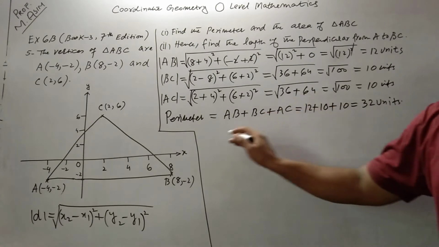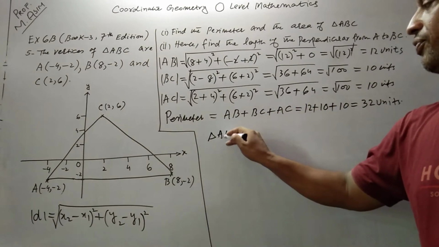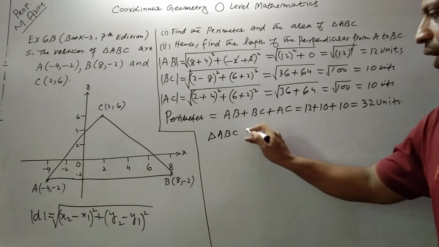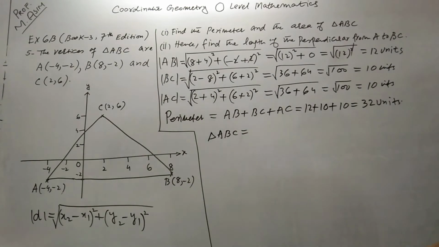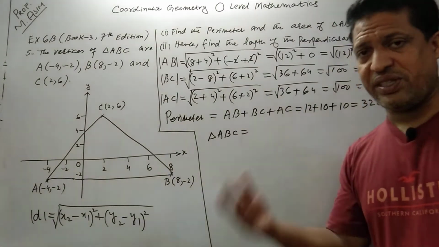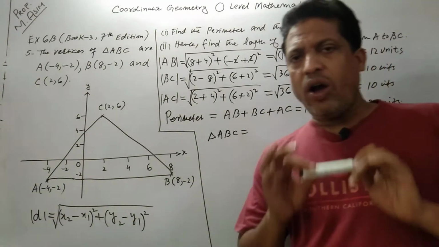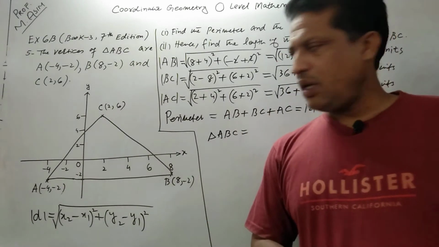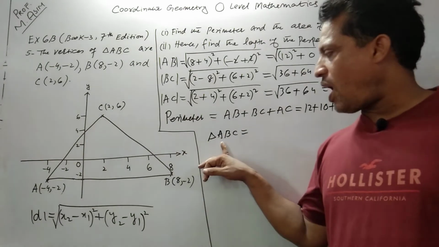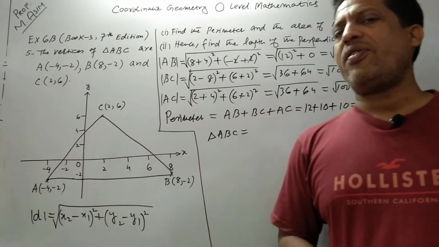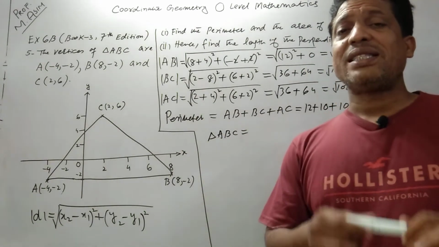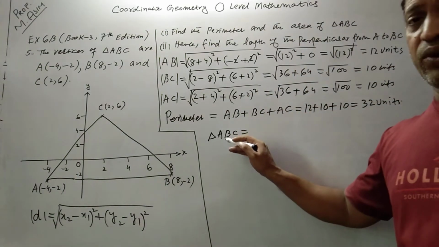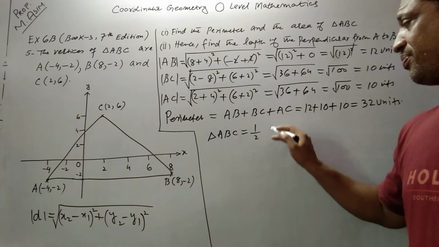Now find the area of triangle ABC. A very important point which I am telling you: in all questions of coordinate geometry, whenever you are asked to find the area of a triangle, you must have the height.